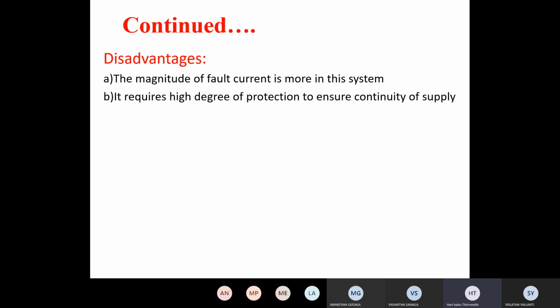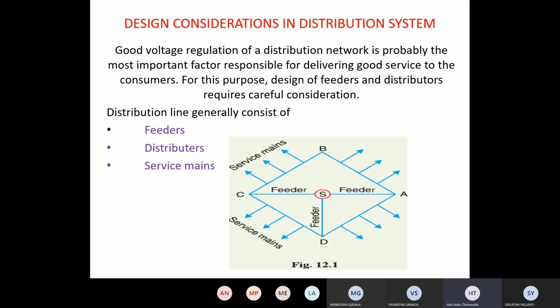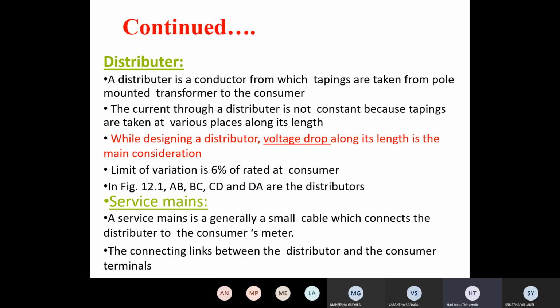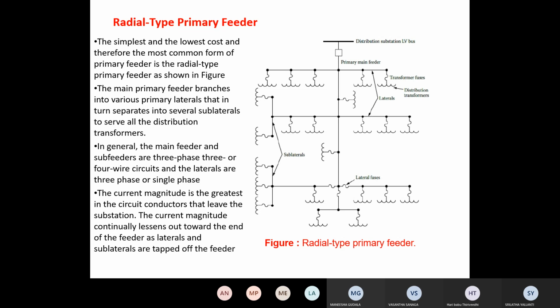These two are the disadvantages of the ring main system. And the interconnected system is not in the syllabus, that's why I am not putting it in the slides.